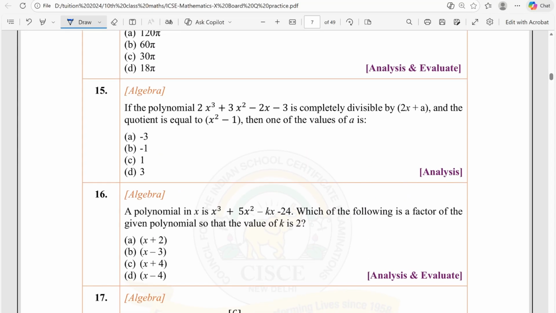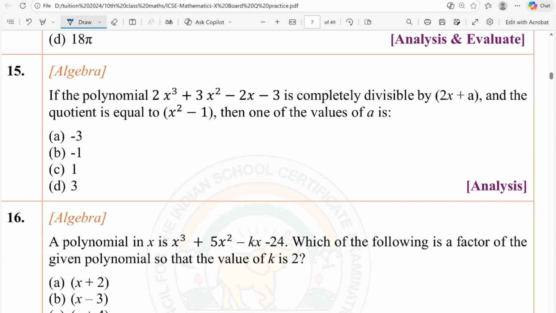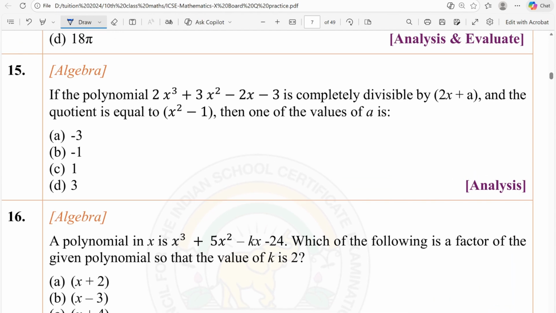Now question number 15. The polynomial is completely divisible by 2x plus a and the quotient is equal to x squared minus 1. Find one of the values of a. Since it is completely divisible by 2x plus a, the polynomial is (2x plus a) into (x square minus 1) equal to 0.